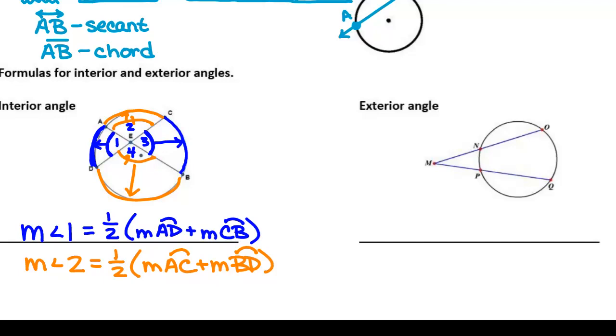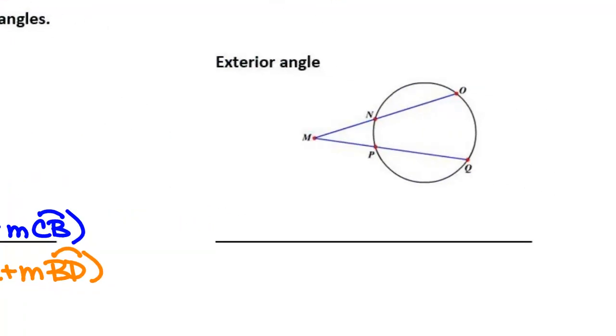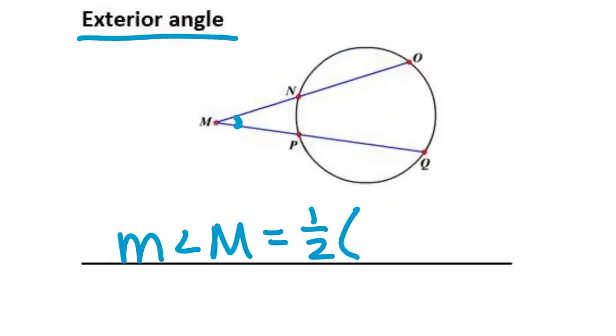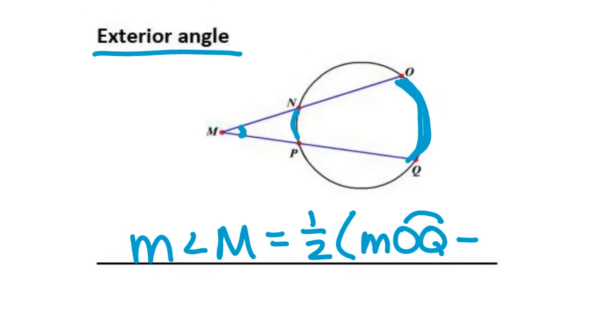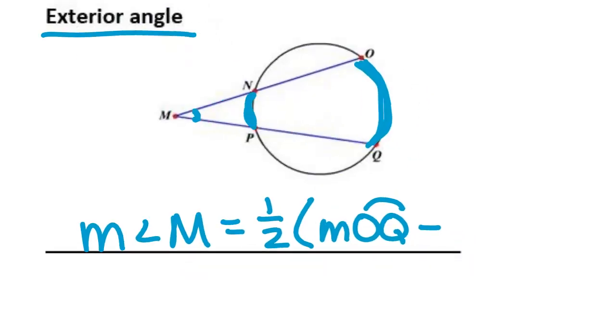If I have 2 secants that intersect outside of my circle, so I have an exterior angle, this angle right here, the measurement of angle M is equal to 1/2 times the measurement of arc OQ minus the measurement of arc NP.